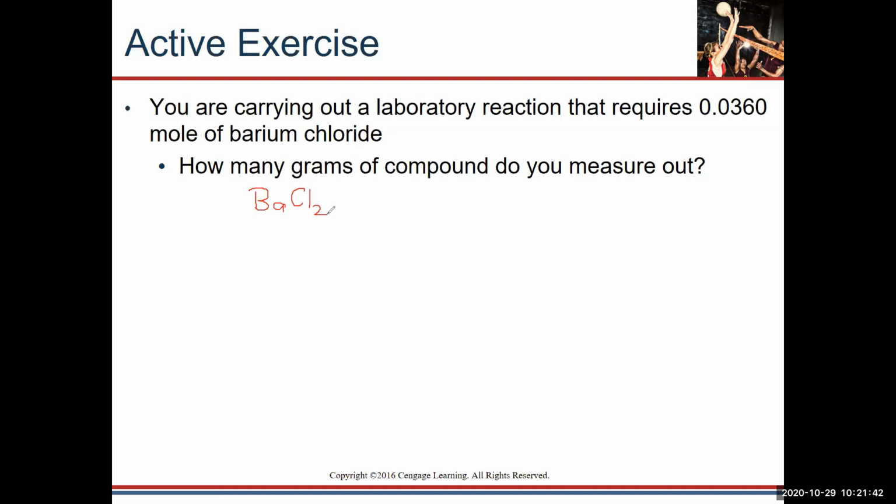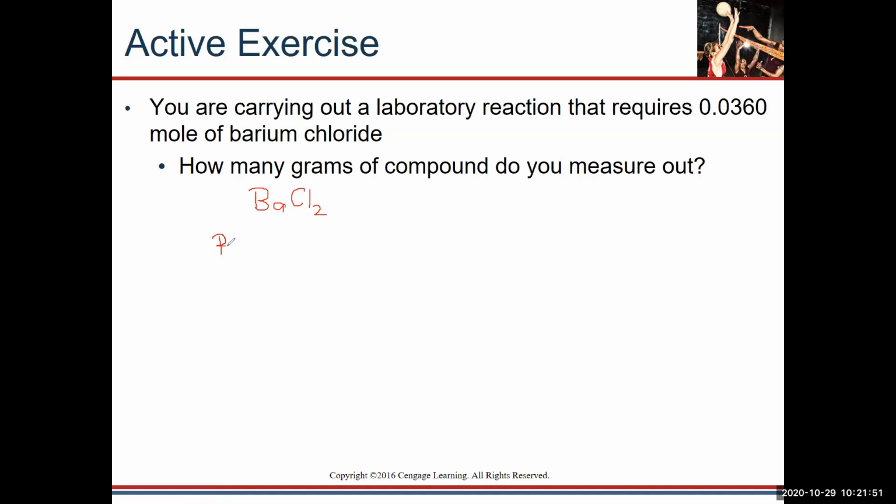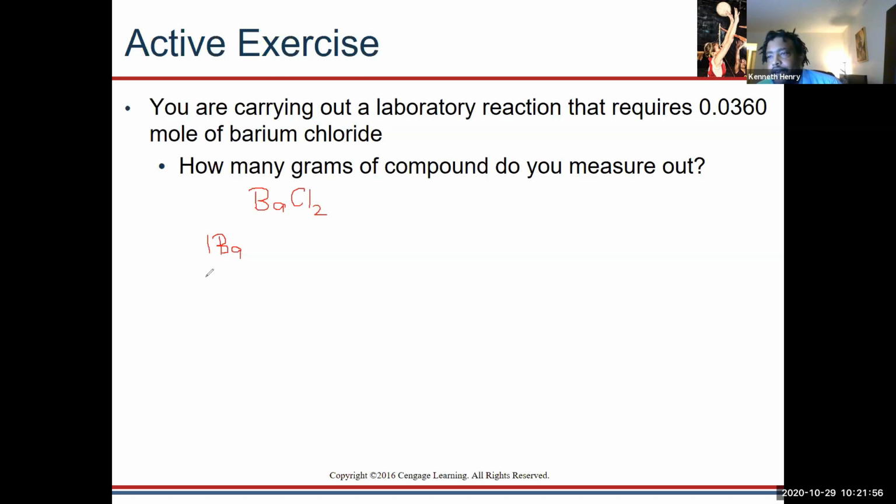I'm guessing you find the formula mass. Okay, so let's find the formula mass. Or do you want the molar mass? Molar mass. Okay, so I have 1 Ba and 2 Cl. Ba weighs 137, and Cl weighs 35.